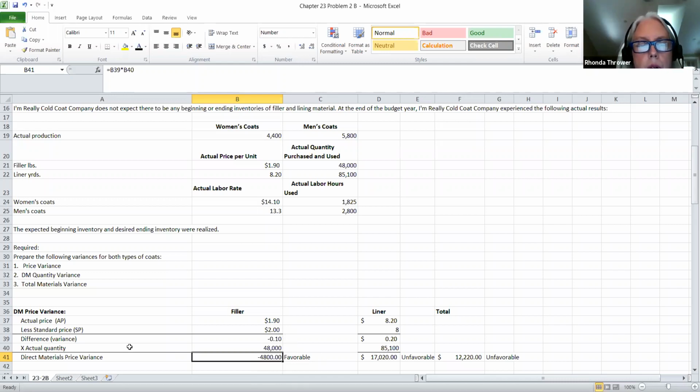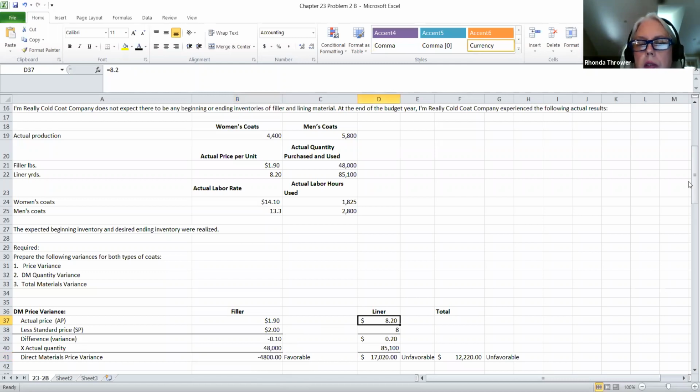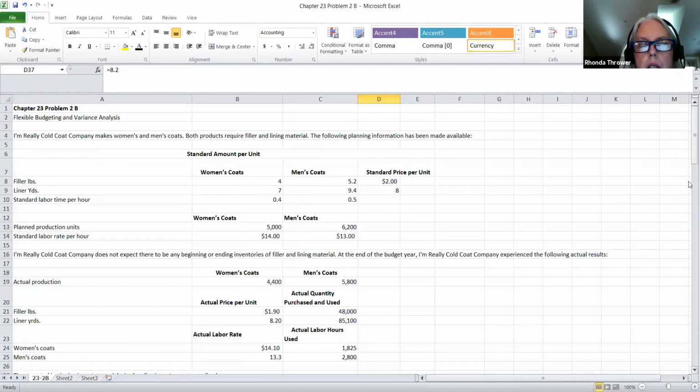For the liner, we're going to take this same formula and use it for the liner. We're going to start with our actual price, which was given. The actual price of the liner is $8.20.